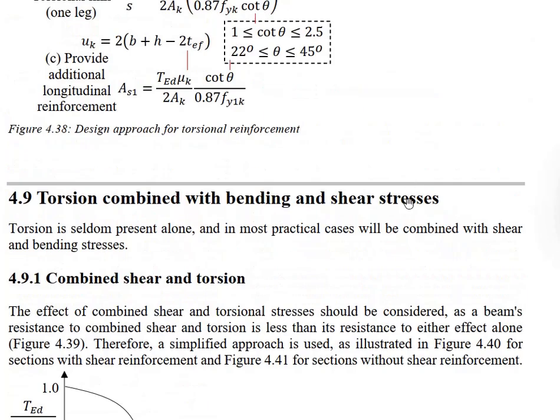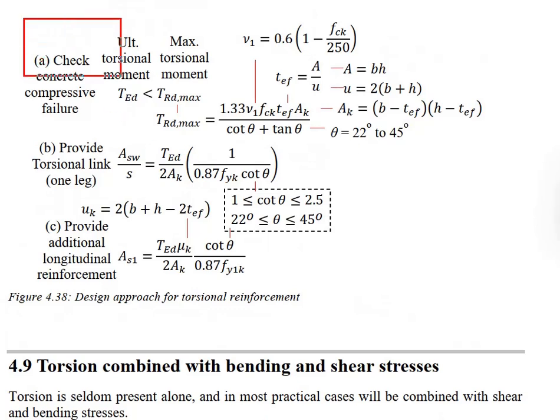Due to the considerations of the bending and the shear stress, the basic design process for the torsional resistance would be slightly modified. Stay tuned and I'll see you in the next video.